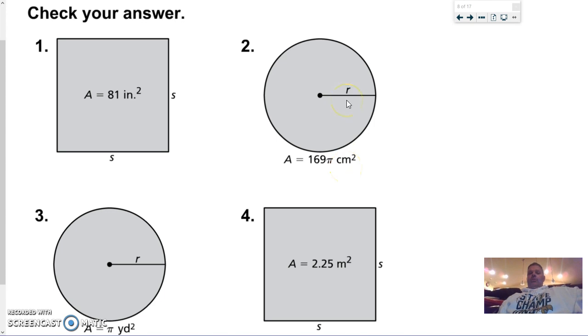Therefore, the radius is 13. In number 3, we've done this problem already. We know that the radius is 1. 1 times 1 is 1 times that pi gives us pi square yards, or 1 pi square yards. And in the last one, we know that 1 and 5/10, 1.5 times 1.5 will give us 2 and 25/100, or 2.25.